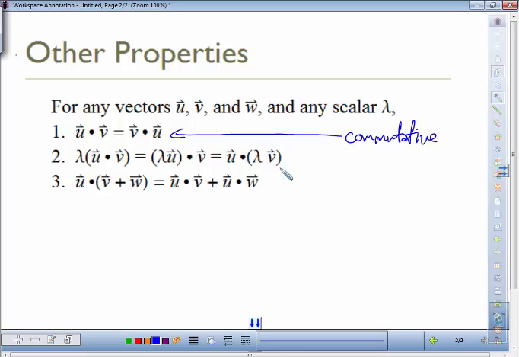This isn't quite associativity, but it's saying if you take the dot product of something and then you scale it, it's like scaling one of those vectors. Not both, but just one of those vectors. And then the last one is a distributive property, just like the distributive property of multiplication. And so you can think about distributing.